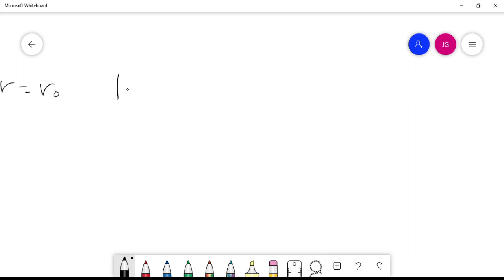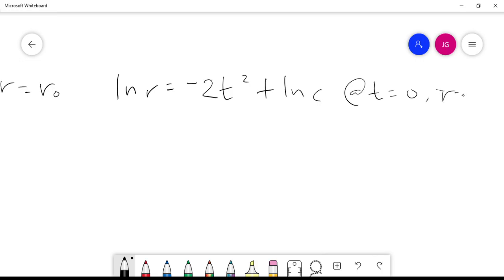This is ln r is equal to negative 2t squared then plus ln c. Then at t is equals to 0, then r is equals to r0.